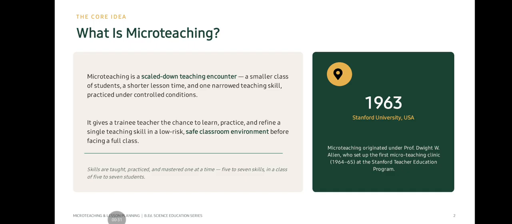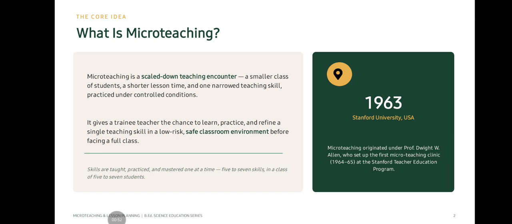So earlier we had gone through micro teaching, but again we are repeating this micro teaching as a very important topic, and we are going through science education. So micro teaching is what?